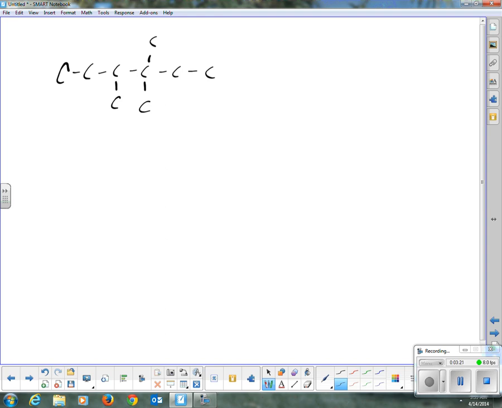So 2 things beats 1, so I go ahead and number 1, 2, 3, 4, 5, 6. So I have a hexane, and I have 1, 2, 3 groups of 1 coming off. Now groups of 1, remember, were methyl, and I'm using my green still for methyl.